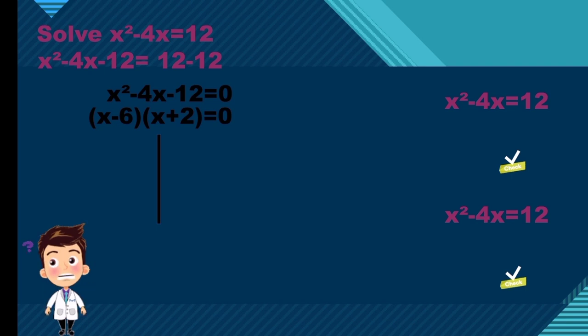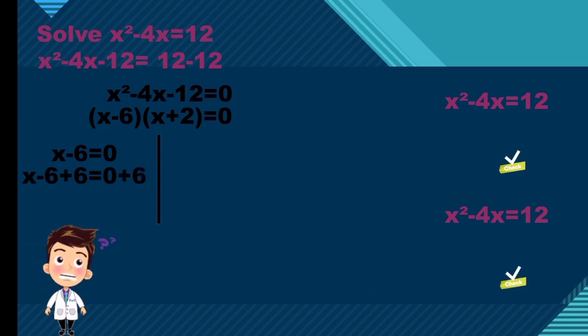So we factor out. Then we factor out the x minus 6 and x plus 2. x minus 6 is equal to 0.